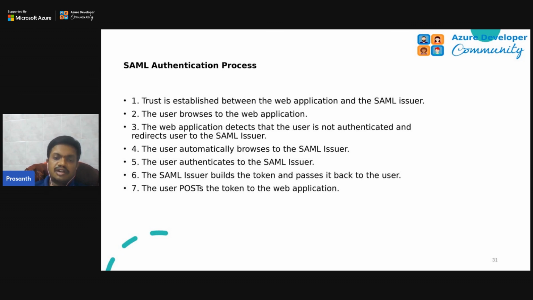The web application detects that the user is not authenticated at that point and redirects the user to the SAML issuer. Once the user browses to the SAML issuer, the user authenticates to it, and then the SAML issuer builds the token and passes it back to the user, and then the user posts the token to the web application and gets authenticated. This is how SAML authentication works, which is the most common authentication process that we use.